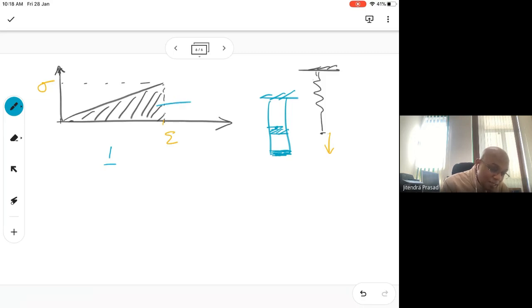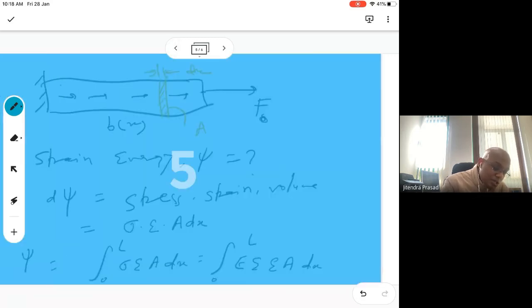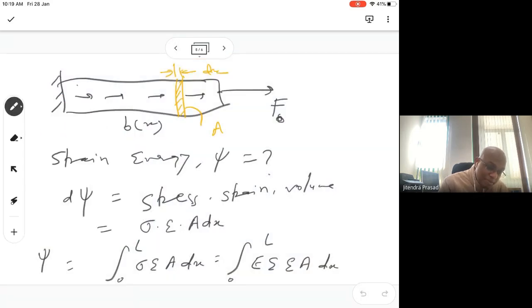This area is nothing but half sigma times epsilon, because this is the area we are talking about. So what we wrote here, sigma times, we also have to write half there. It will be half times stress times strain multiplied by volume. So this is what it should be.